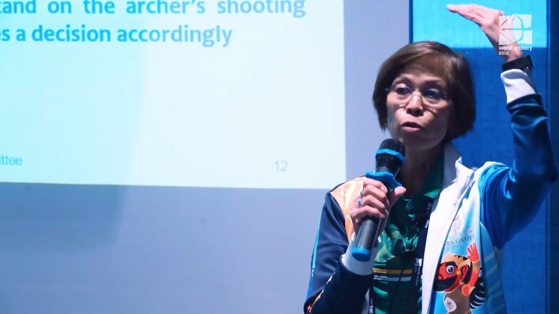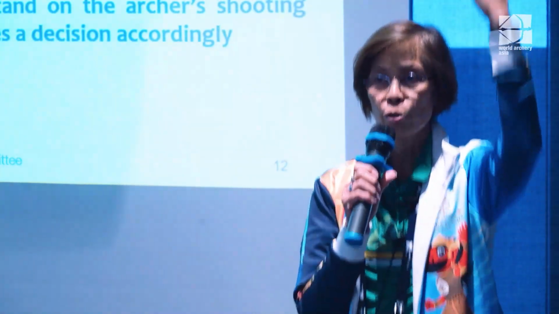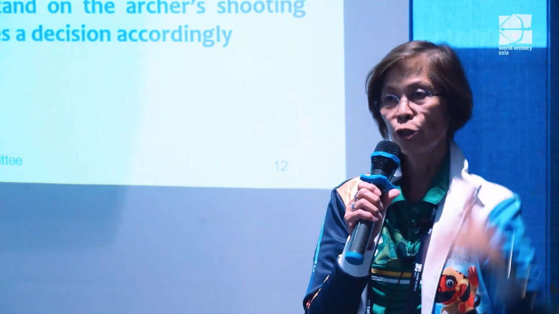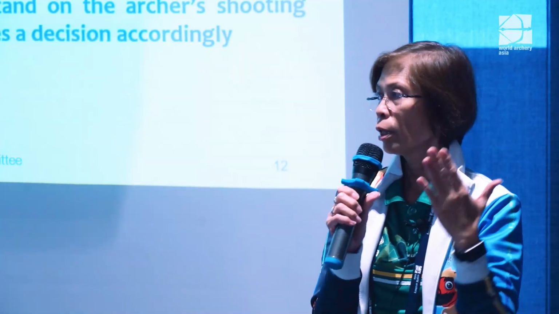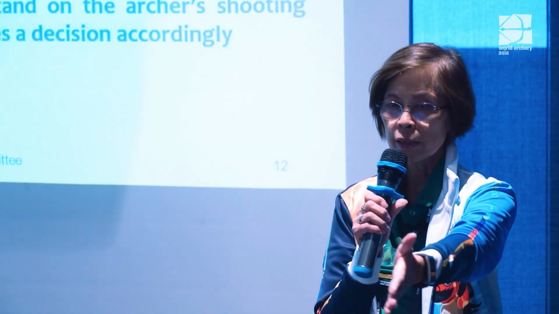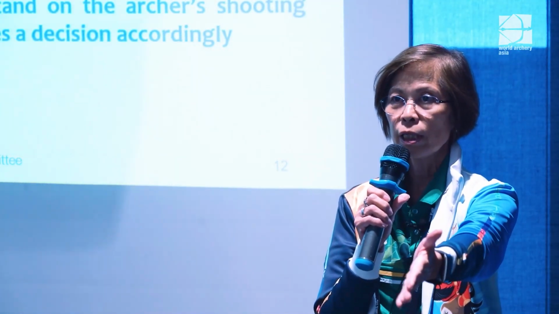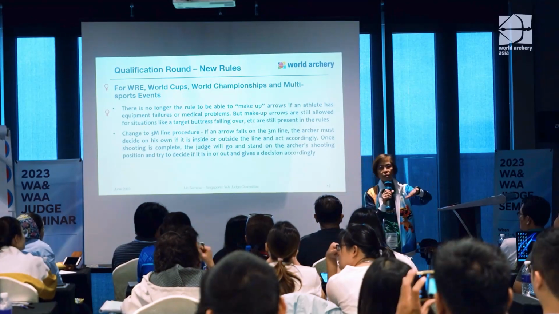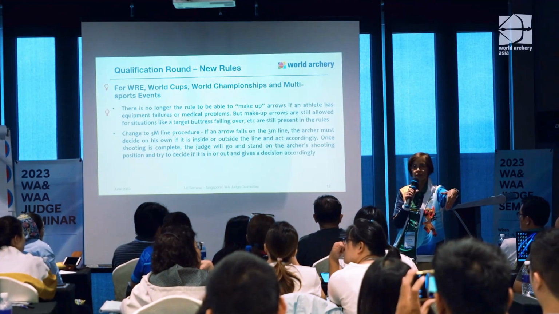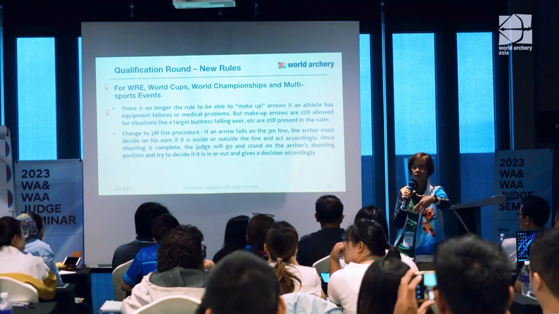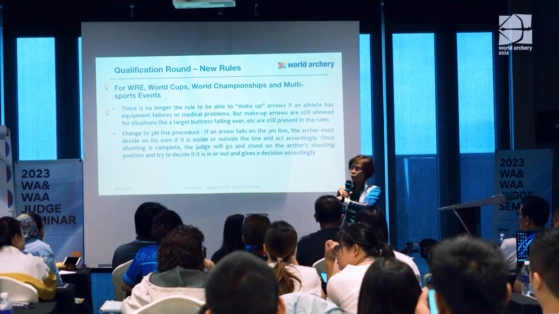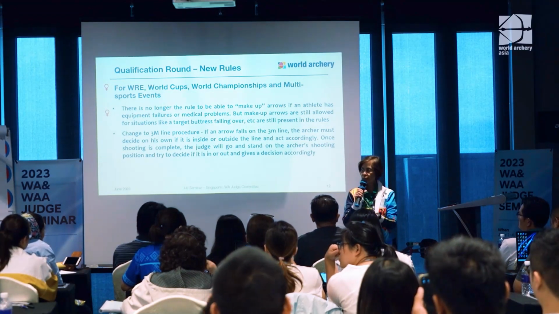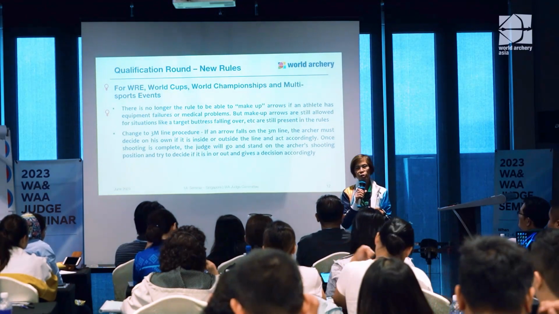You know, his height, you have to take that into consideration as well, because it may look different if the guy is taller than you or shorter than you. And if you cannot tell if it is inside, what do you do? Okay, so you look from the 3-meter line and check from there. Okay, but that is if you cannot see. So your first option is to be here on the shooting line where the archer stands.